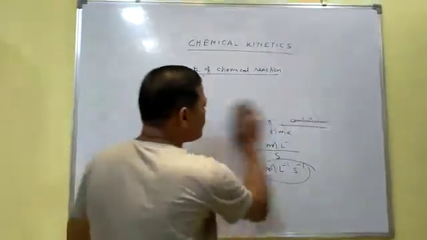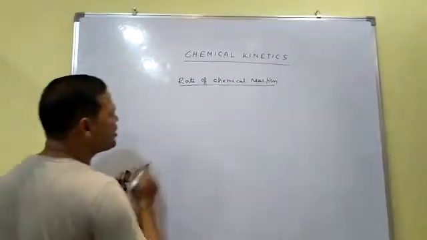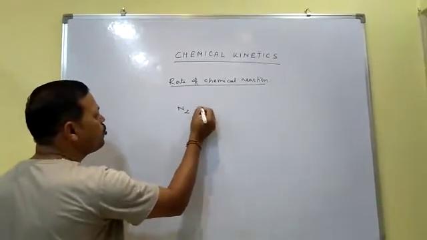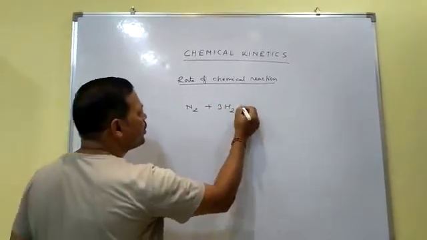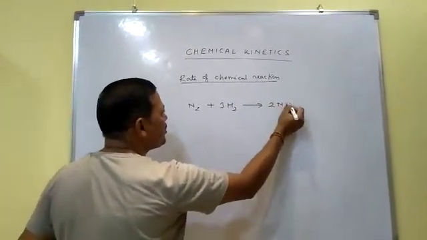Now, suppose a chemical reaction is given like this, N2 plus 3H2 gives 2NH3.